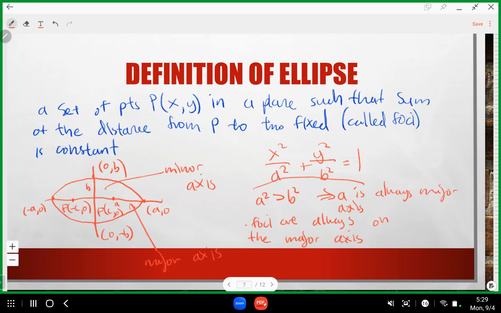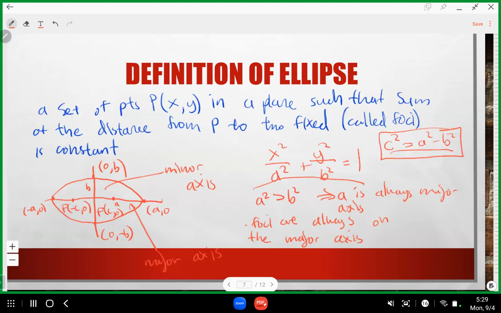Okay, and then one more thing that you need to know is how to find c, to find the foci. c squared is going to be equal to a squared minus b squared. That is just a property of the ellipse. Now don't get this confused with the Pythagorean theorem.